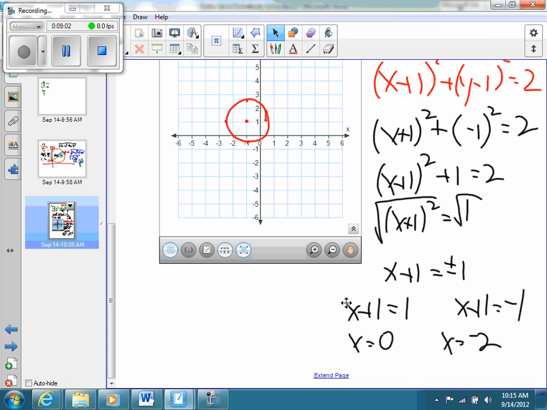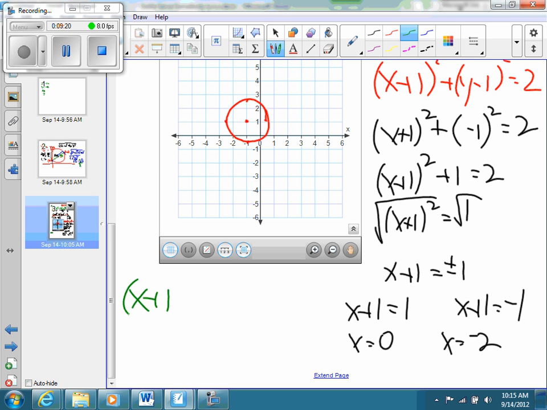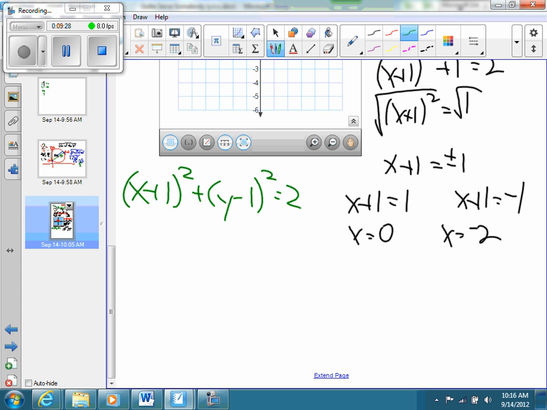Okay, y-intercept. If I'm finding my x-intercept, I set y equal to 0. If I want to find my y-intercept, I set x equal to 0, right? So I'm going to end up with (x plus 1) squared plus (y minus 1) squared equals 2.